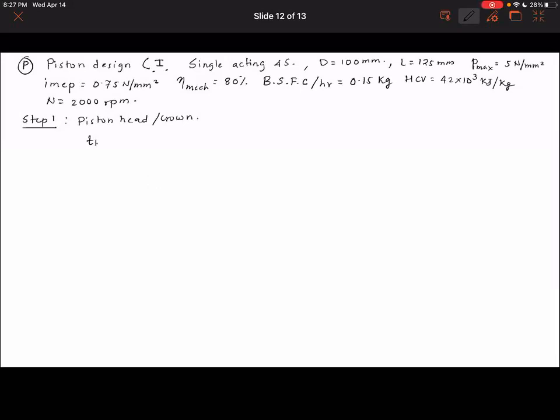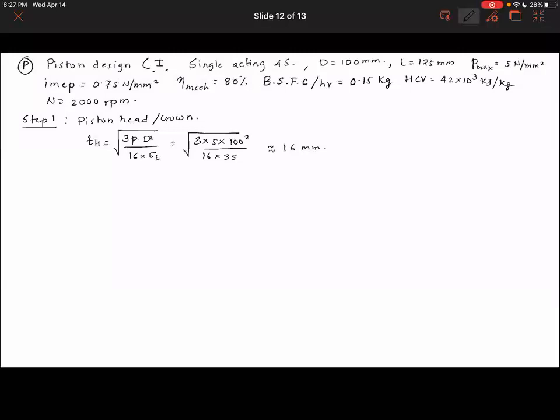So TH is equal to 3 P D square divided by 16 sigma T, which is 3 times 5 times 100 square divided by 16. And I'm going to assume the value of sigma T as 35. So this approximately comes about 16 millimeter.